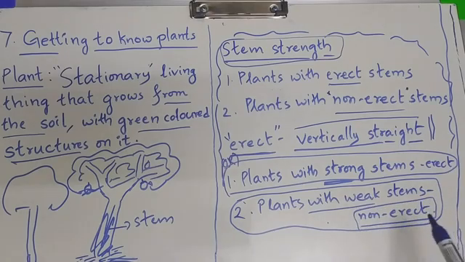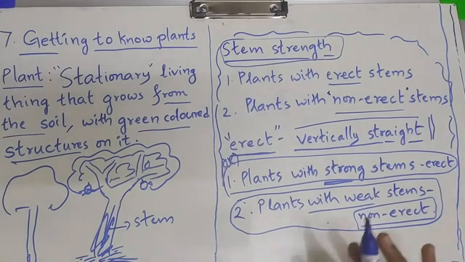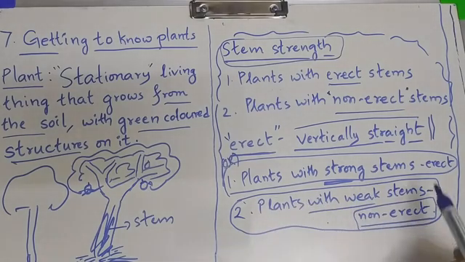As they cannot grow erect on their own, if they want to grow up, they take the support of neighboring structures. Otherwise, they may just spread on the ground. Okay, let us discuss these two types of plants a little in detail.